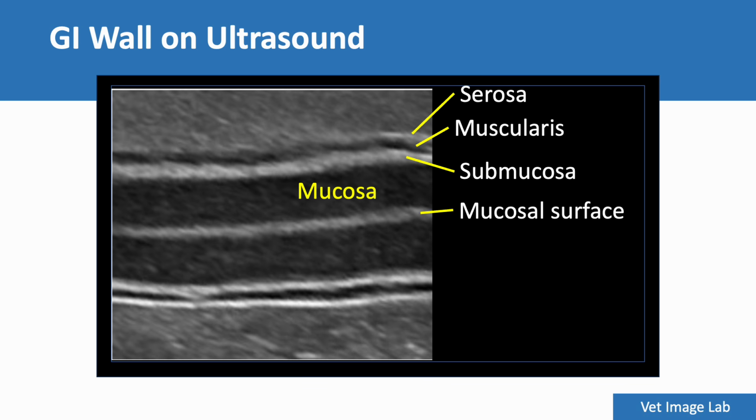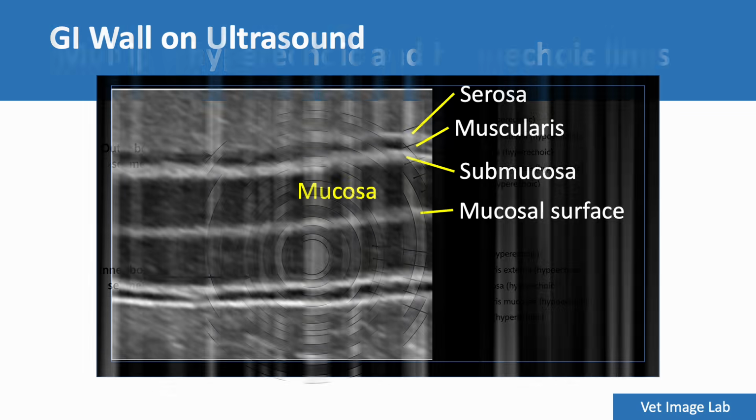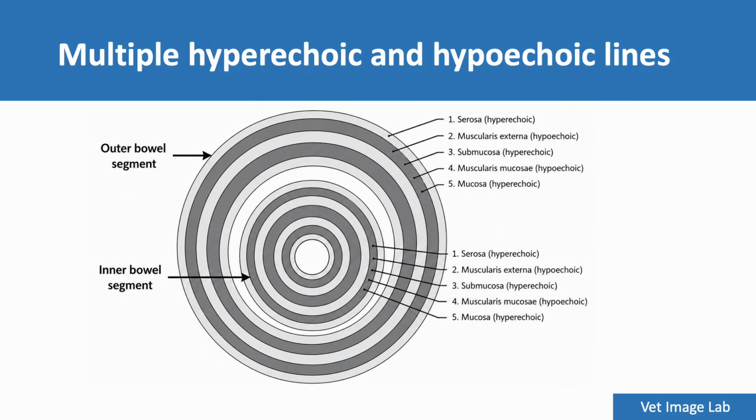So in a normal small intestine, we usually recognize 5 alternating echogenic layers: hyperechoic mucosal surface, hypoechoic mucosa, hyperechoic submucosa, hypoechoic muscularis, and hyperechoic serosa. In intussusception, the outer bowel segment has its own 5 sonographic layers, and the inner bowel segment also has its own 5 sonographic layers.